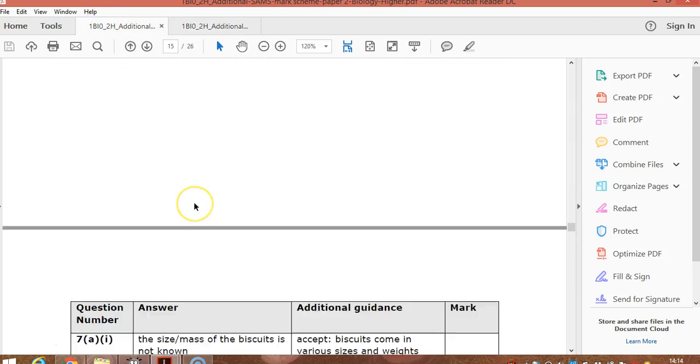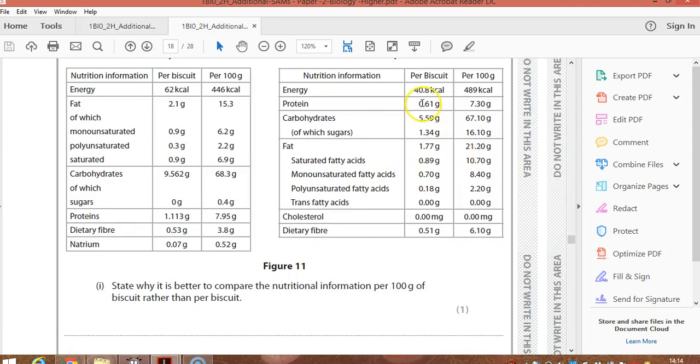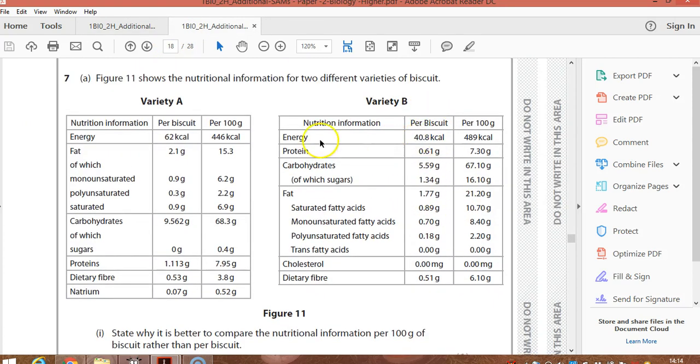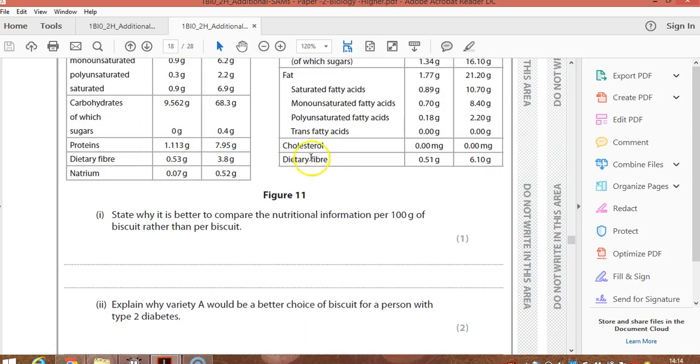Right, the answer is the biscuits may have a different mass, or the mass of biscuits is not known. Okay. So you can't just go, oh, well, variety B is better because it has fewer calories than variety A per biscuit, because variety A might have huge biscuits and variety B might have small biscuits. So you have to compare for a known mass of each biscuit.